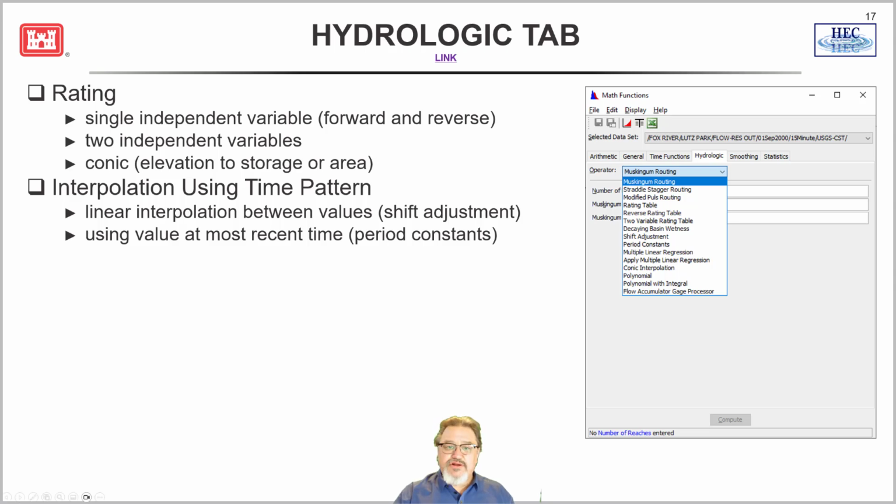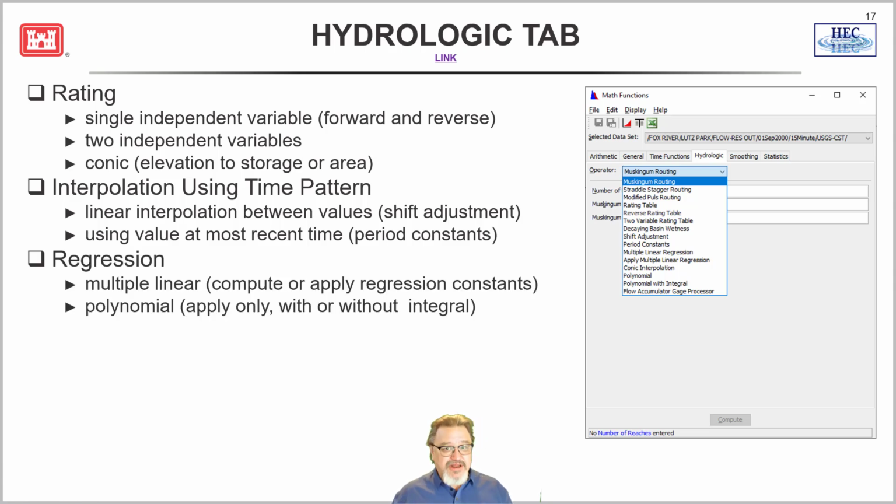Okay, so let's go on to the next topic in the Hydrologic tab, and that's regression. So you can perform multiple linear regression. You can either compute the regression constants, or you can apply previously computed regression constants. You can also do polynomial applications. Now, you can't compute the polynomial here. You can only apply it.